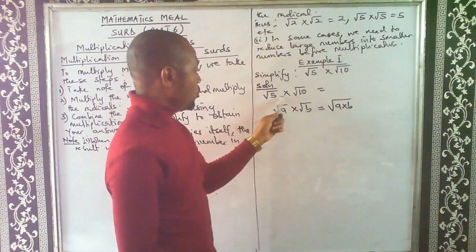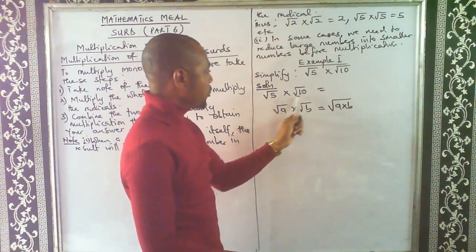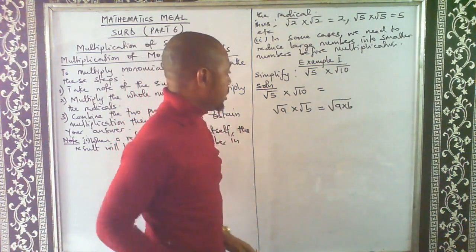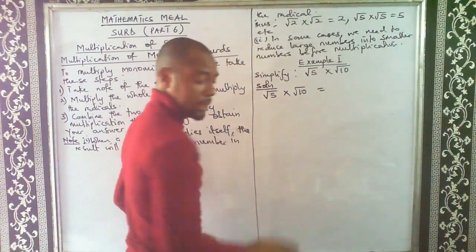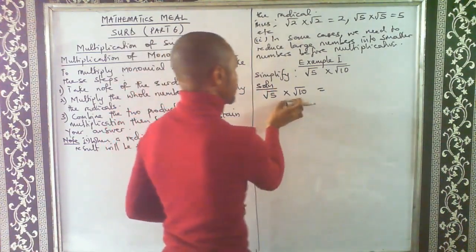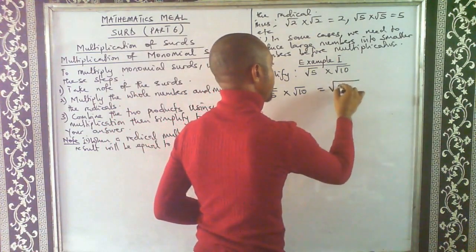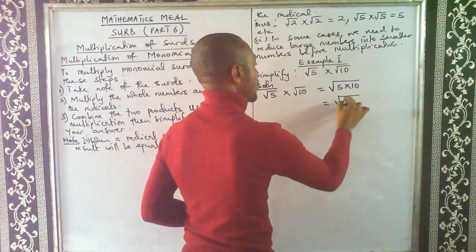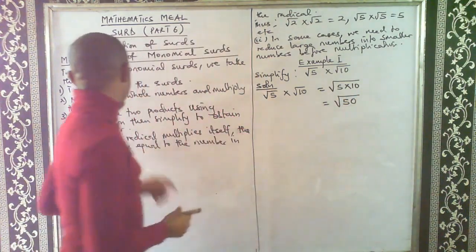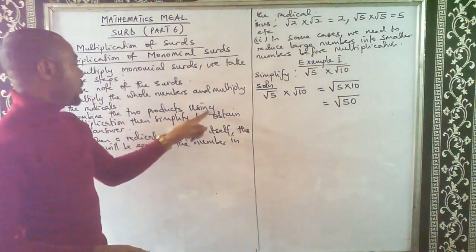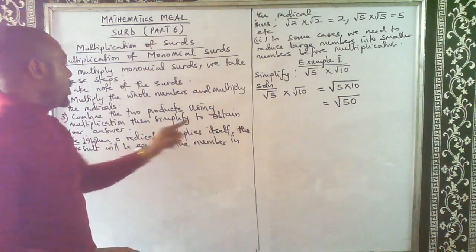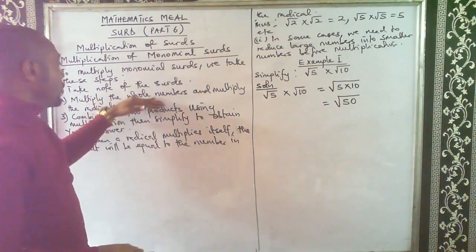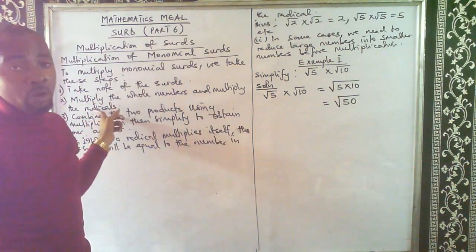So that's what we mean by applying the basic law in multiplication of the radicals. So let's multiply these two. We have 5 times 10. If we multiply this, we're going to have square root of 50. Now in step 3, they say combine the two products using multiplication, then simplify to obtain your answer. The two products we are talking about are the product of the whole numbers and the product of the radicals.